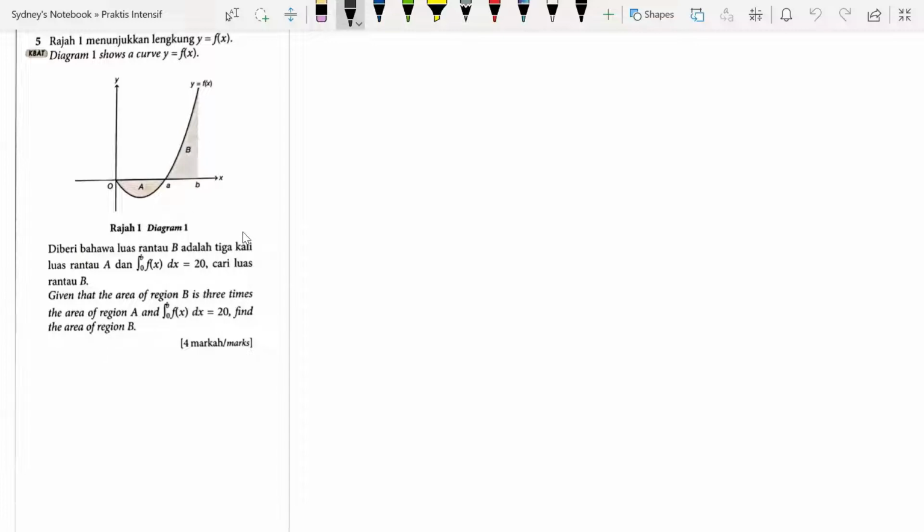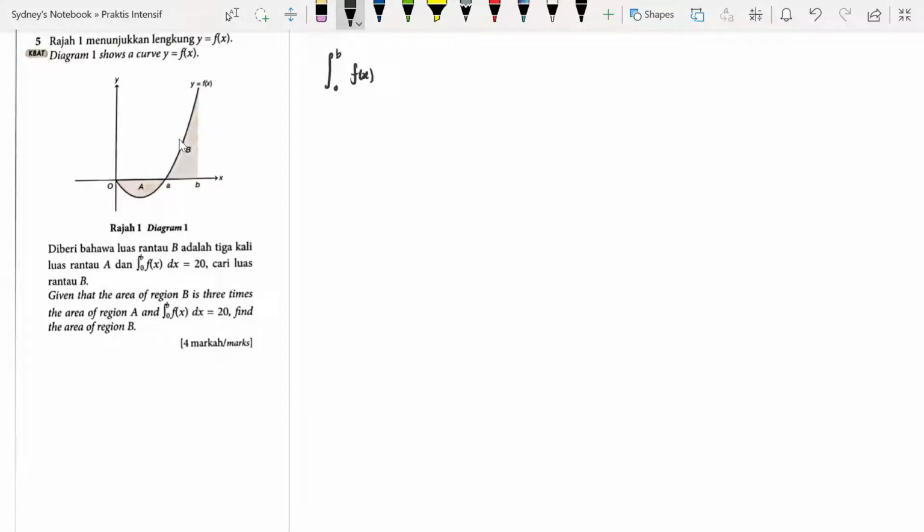So as you can see in this diagram, if we were to integrate f(x) directly from 0 to b, we know that the area below the x-axis will give a negative value, and the area above the x-axis will give a positive value.